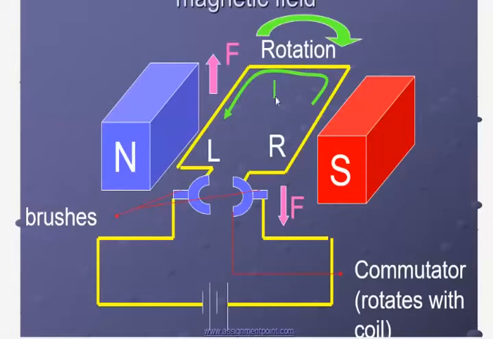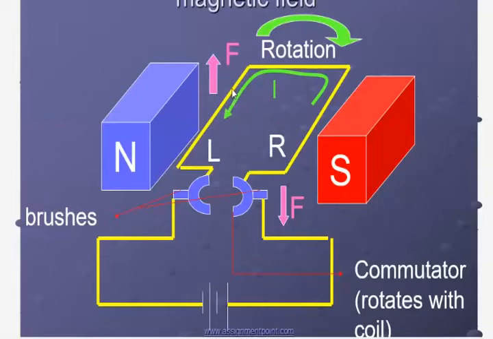Now we have to check the magnetic force acting on the longer arm. You see here the direction of current in this way. So here current is flowing in this arm in this way. The magnetic field is in this direction. So put the forefinger of your left hand in this direction and your middle finger in this direction.